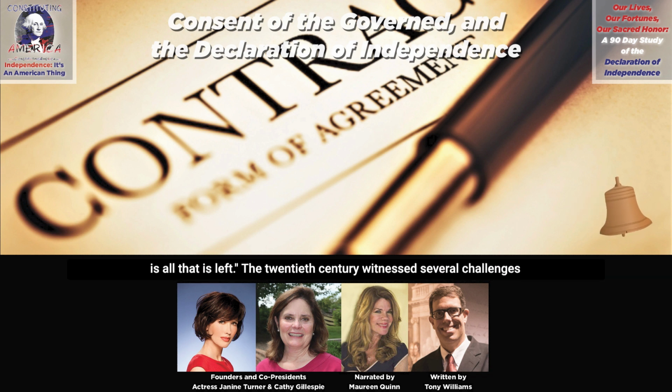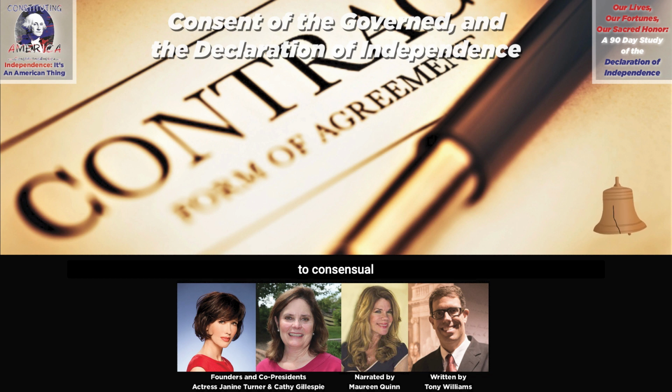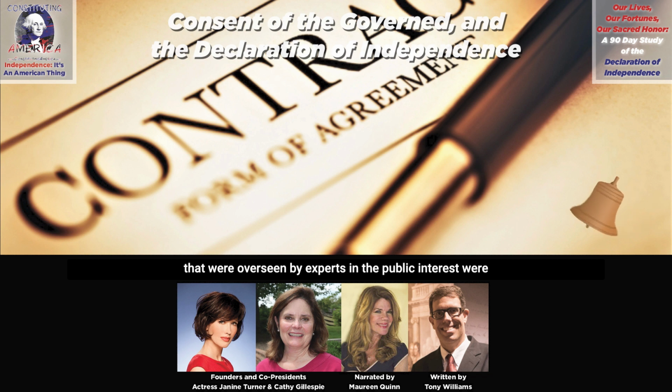The 20th century witnessed several challenges to consensual self-government. The executive agencies of the administrative state that were overseen by experts in the public interest were seen as a counter to the messy, slow, and deliberative lawmaking of Congress. The later rise of the imperial presidency subverted the other branches of government and popular consent.